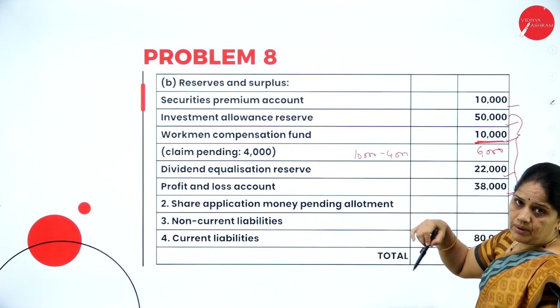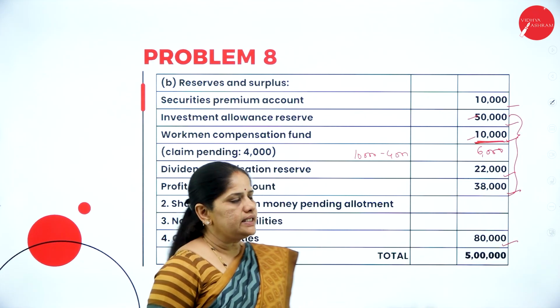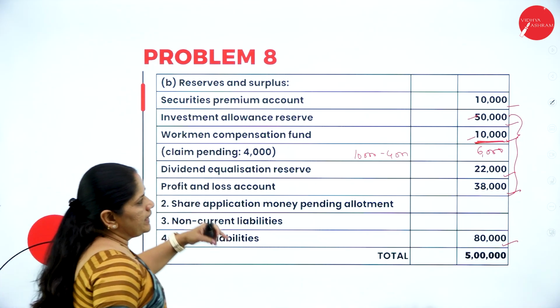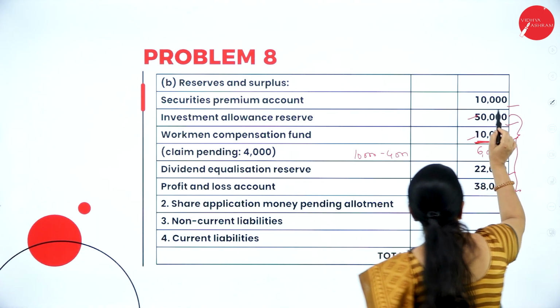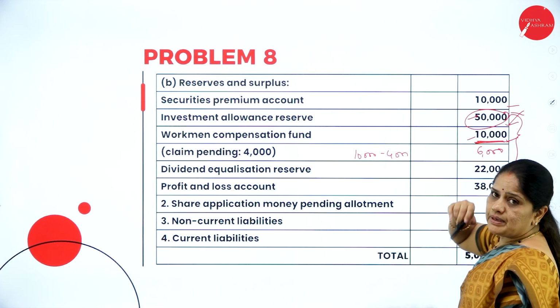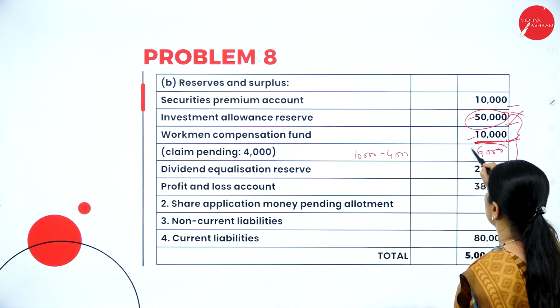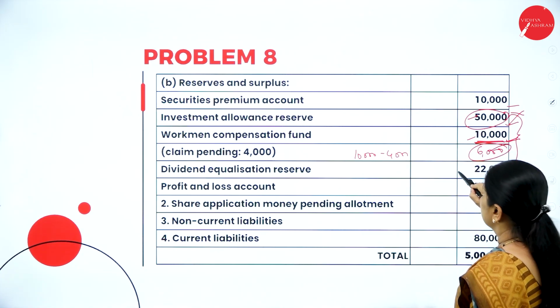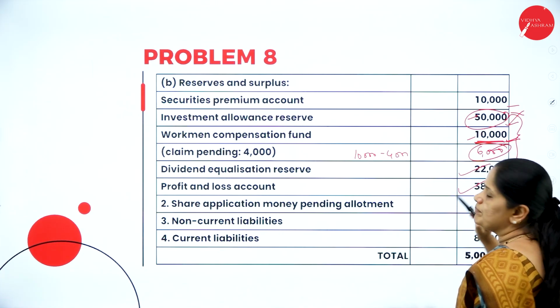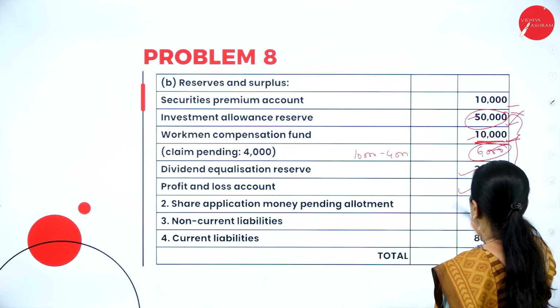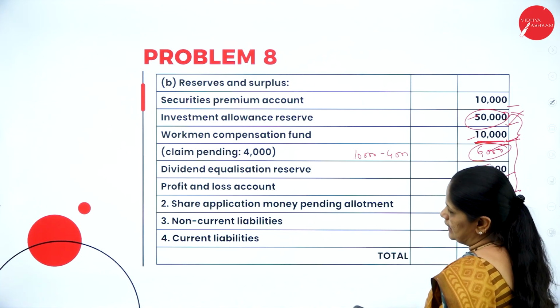We cannot make use of the investment allowance reserve. This is not a divisible profit. So we can make use of workman compensation fund out of this 6,000, then dividend equalization reserve and profit and loss account for redemption.